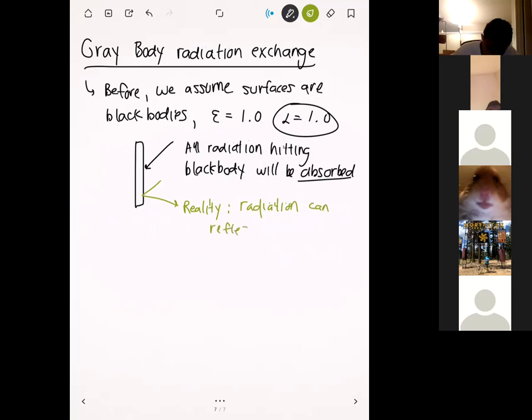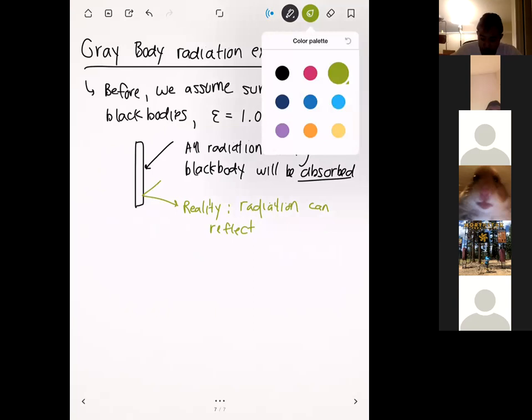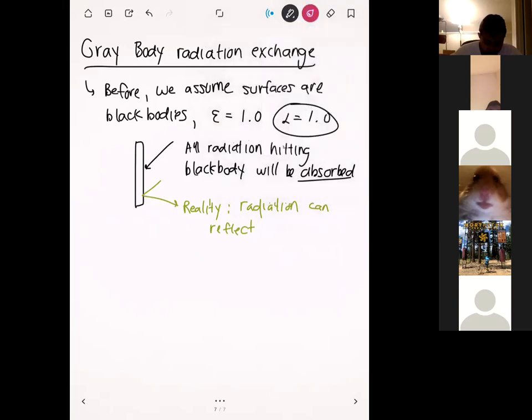If a radiation wave reflects off a surface, then that one's not going to be absorbed. And so we need to account for this whenever we're doing radiation exchange between real surfaces.